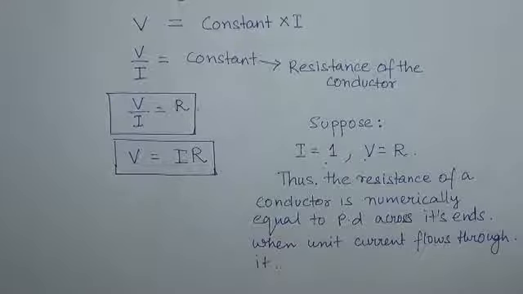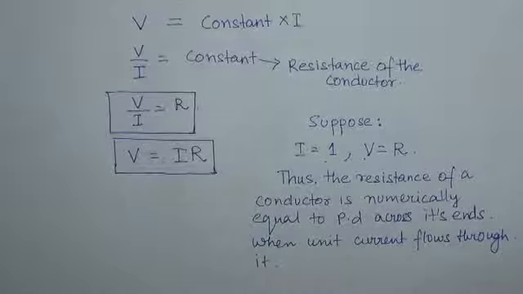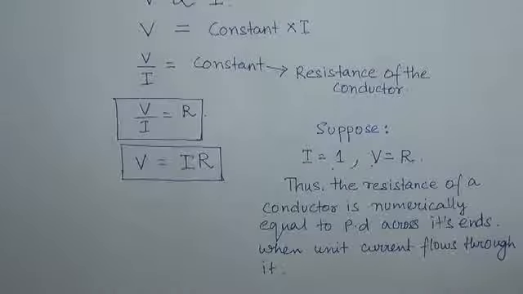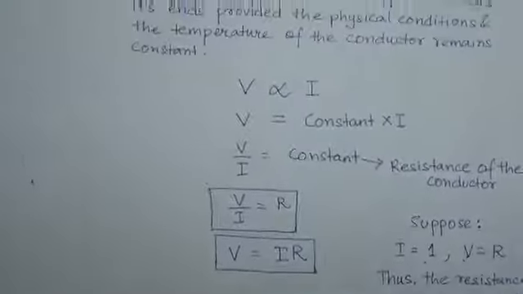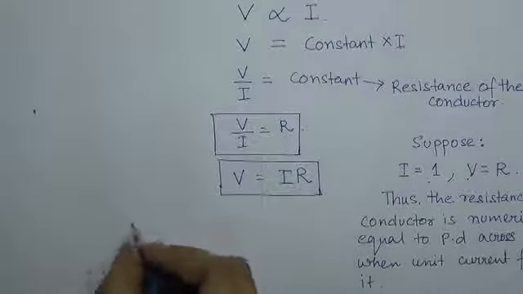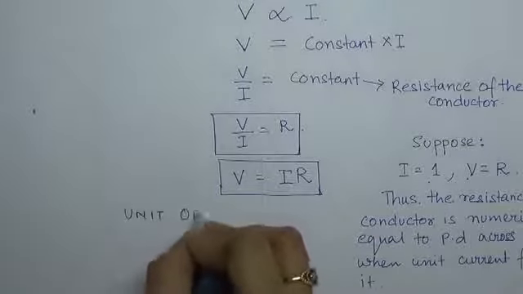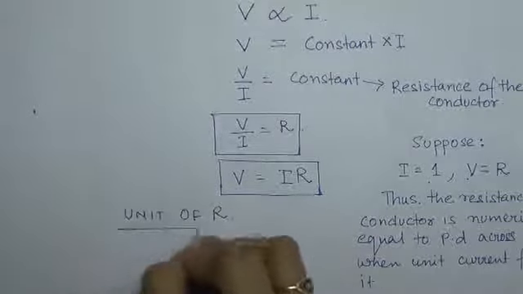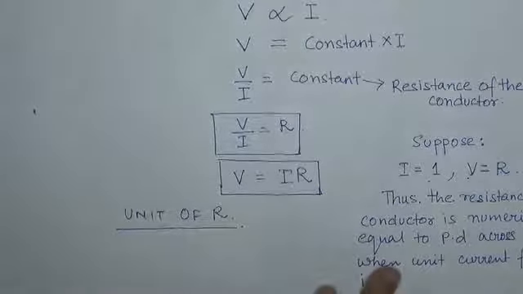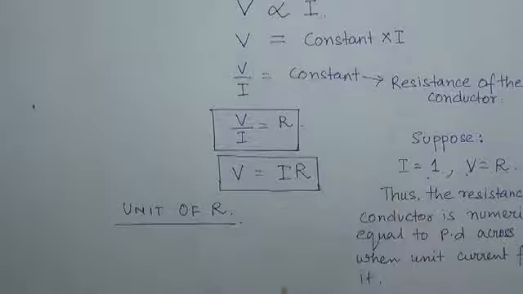Okay, now we have discussed about resistance, but we haven't discussed about the SI unit of resistance. So let us see what is the unit of resistance. We will get the unit of resistance from this formula.